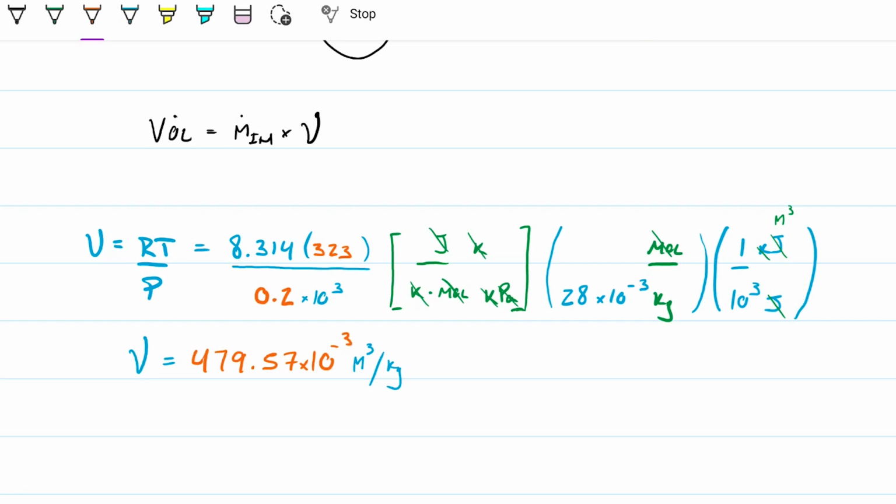All right, here we go. With this, we can just plug that into the mass flow rate. That has to be the same, and therefore our volumetric flow rate can be calculated.